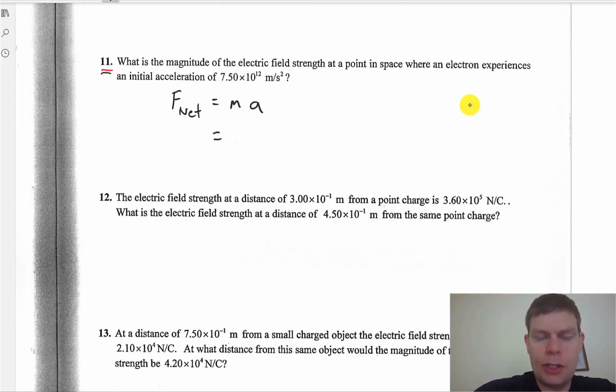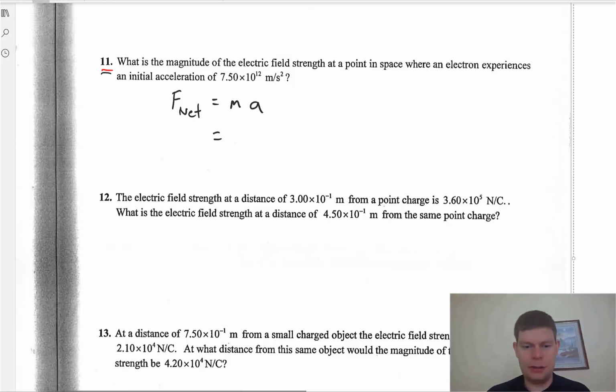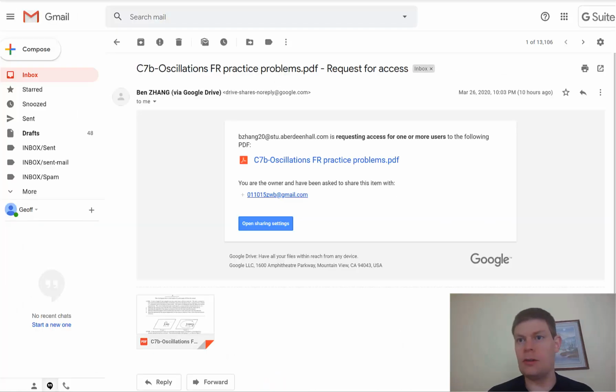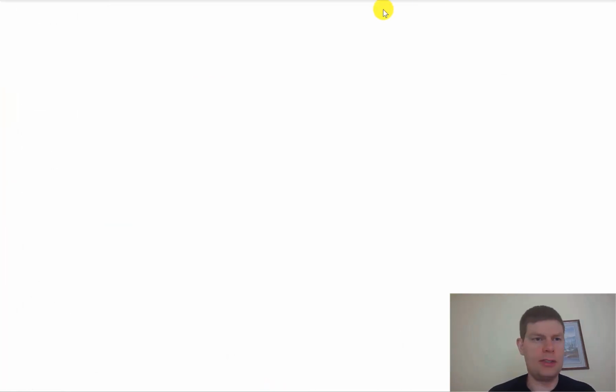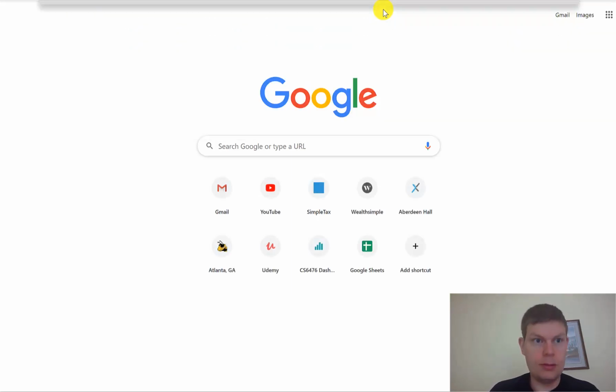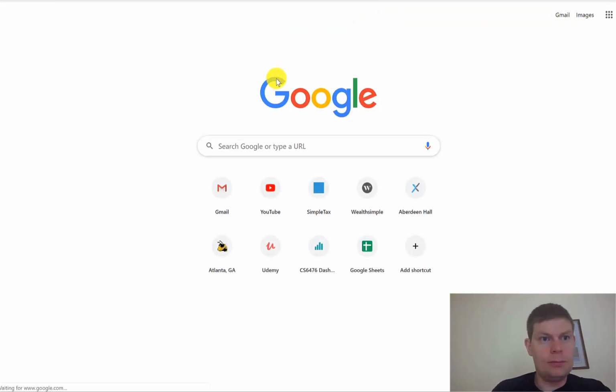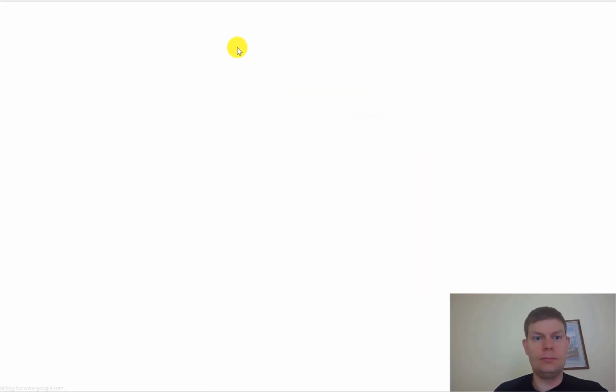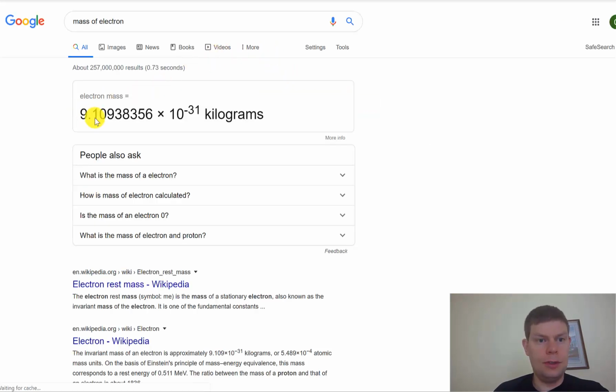I believe if you check your data pages, it's something like 9.11 times 10 to the minus 31.